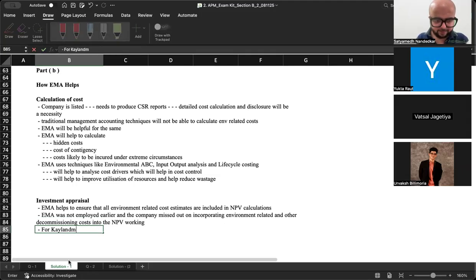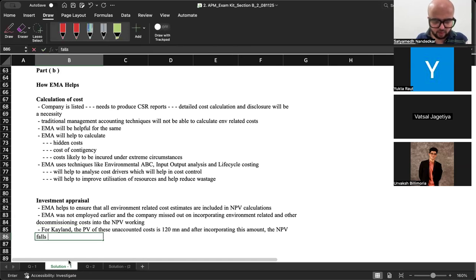For Kayland, the PV of these unaccounted costs is 120 million, and after incorporating this amount, the NPV falls down to 120 as opposed to current NPV of 240 million.